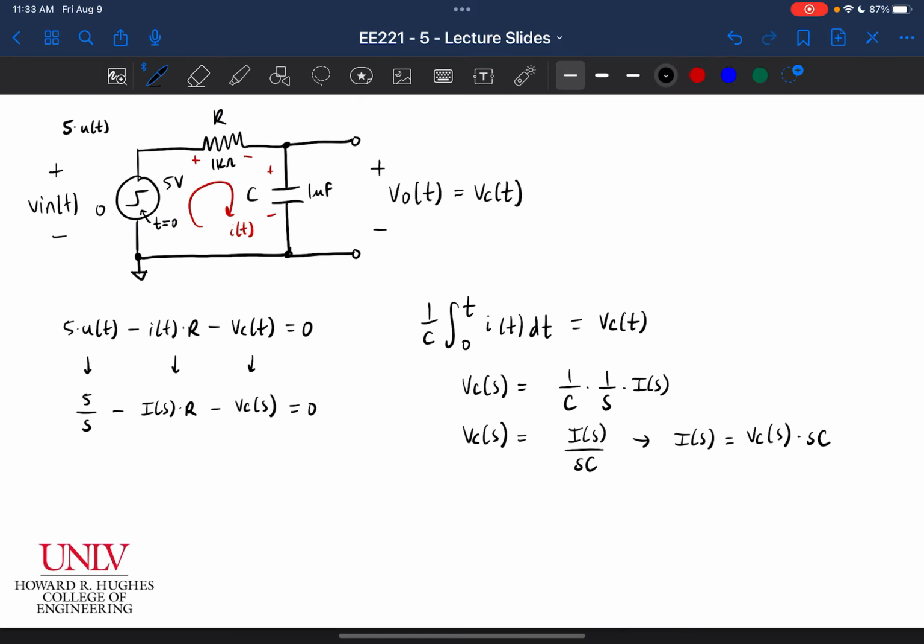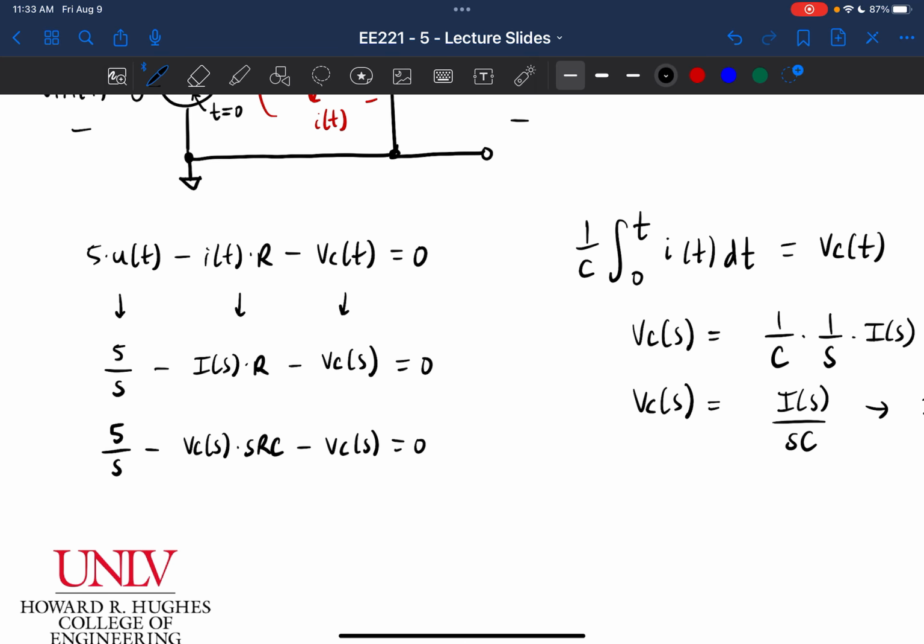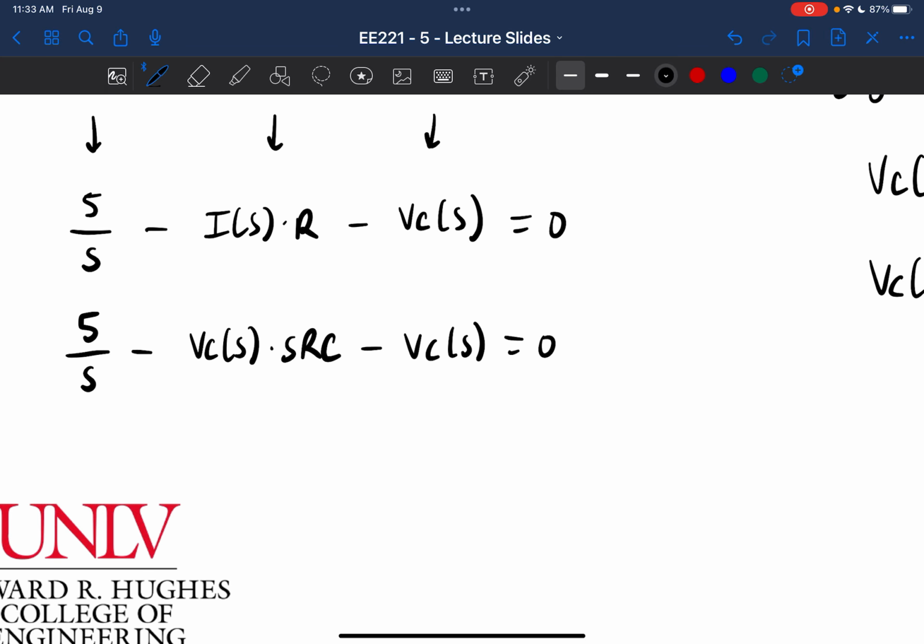So now we go back into our expression over here, and we can substitute this for I of S. We're going to get 5 over S minus Vc of S multiplied by S times R times C, minus Vc of S equals 0. We want to isolate Vc of S, and so we'll go 5 over S is equal to Vc of S multiplied by 1 plus SRC.